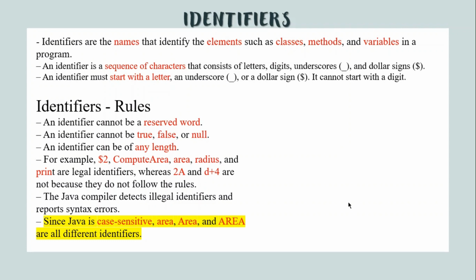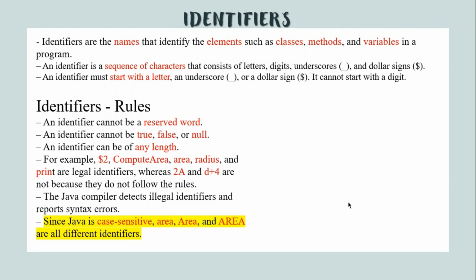I cannot name my variable or my method or my class int because this is already used for the data type integer. I cannot have an identifier with, let's say, double, because double, as we said, is a keyword or a reserved word.